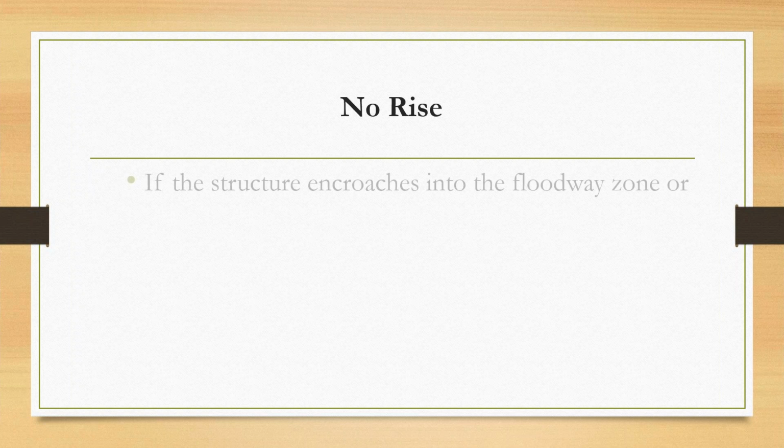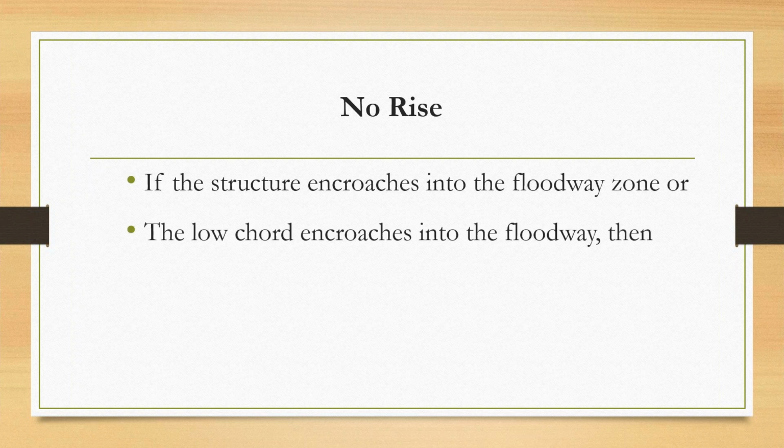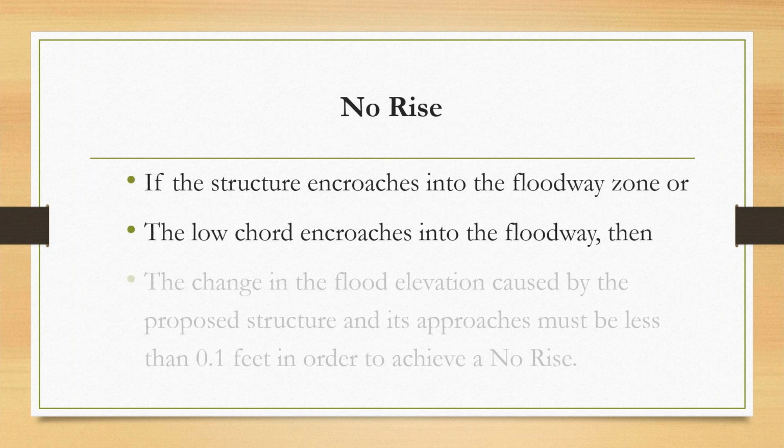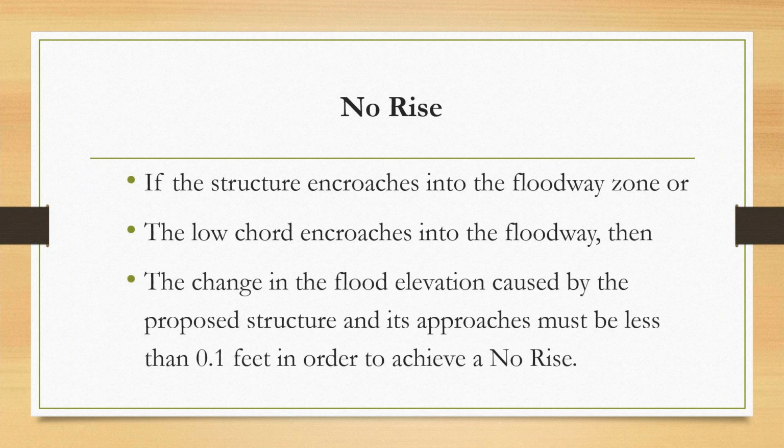Okay, so if the structure encroaches on either side of the floodway zone, or if the low chord encroaches into the floodway, then we have to see if we can make the change of that flood elevation caused by this structure that we're proposing. If it can be less than a tenth of a foot change in the hydraulics for that bridge, then we can achieve a no-rise.